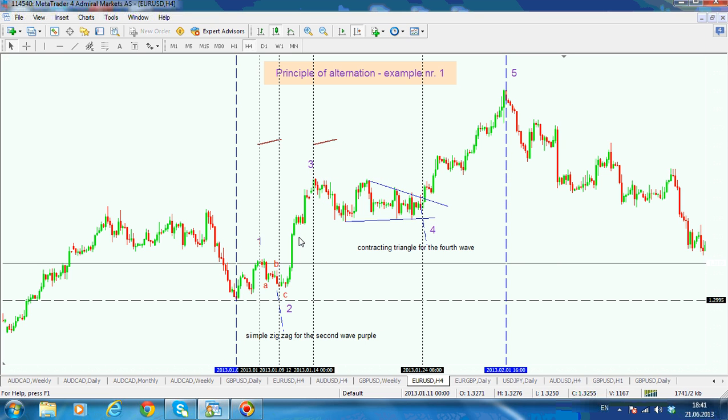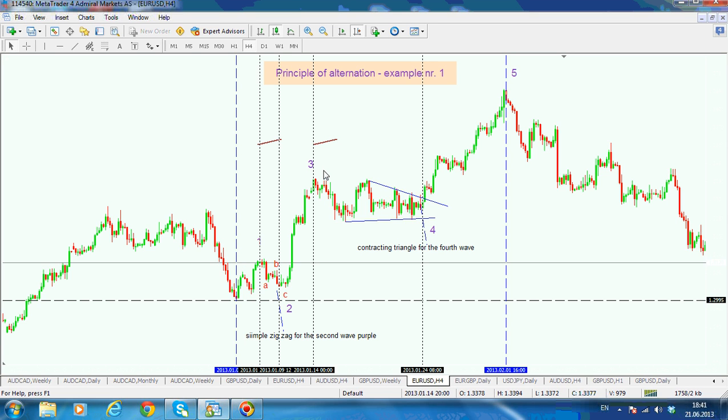So let's say that while price is moving to the upside so aggressively, you have a third wave that is extending. And when you're looking for a fourth wave, you look for the alternation between the possible fourth wave to come and the previous second wave that you already have.